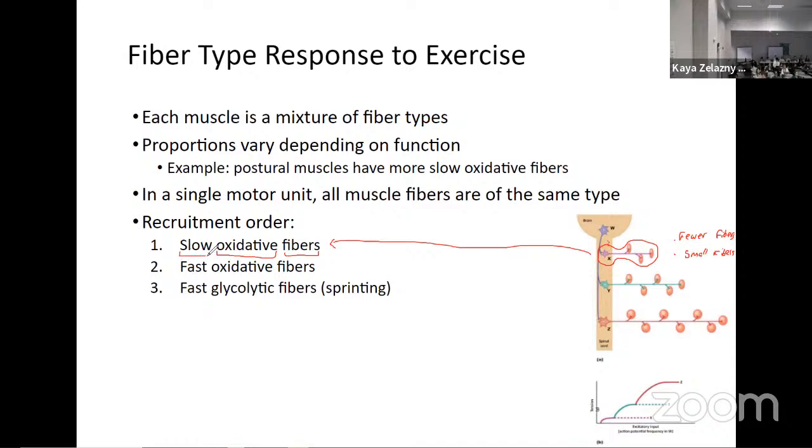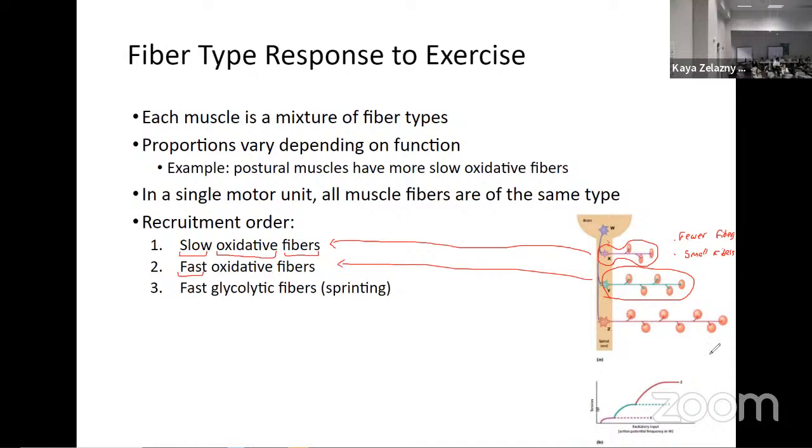Our opposite fibers here were the slow oxidative, which we see first here, and then the fast glycolytic, which we see third here. So slow oxidative fibers come first. Our middle ground is still oxidative, but now we've got fast oxidative. Those ones that are intermediate in size and intermediate in their properties are also going to be in these middle-sized motor units. So fast oxidative fibers go next.